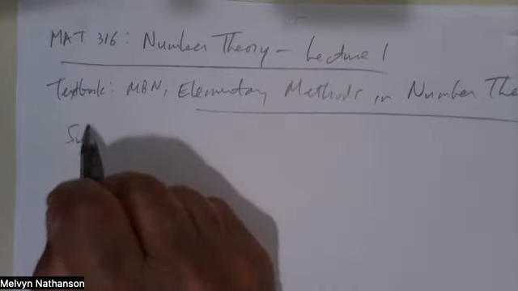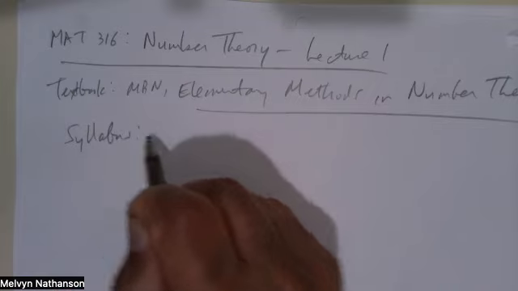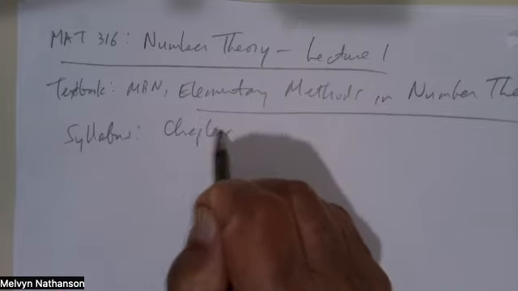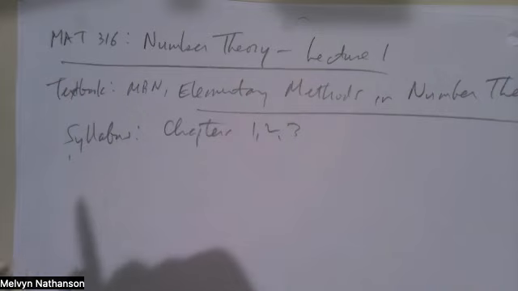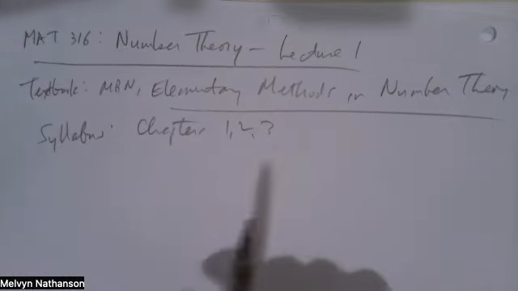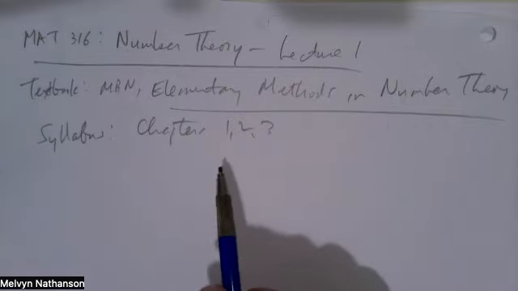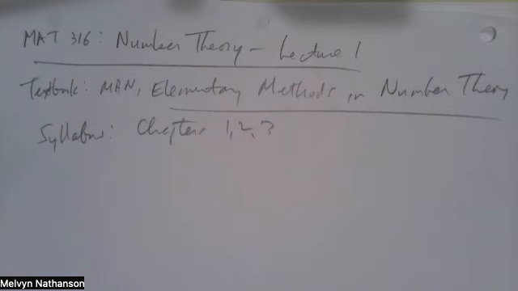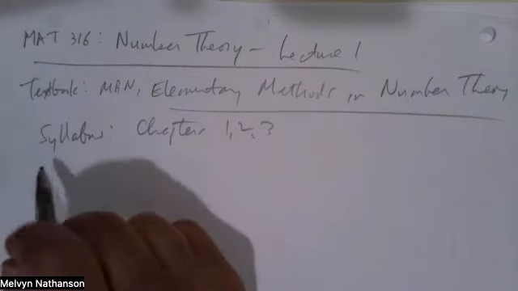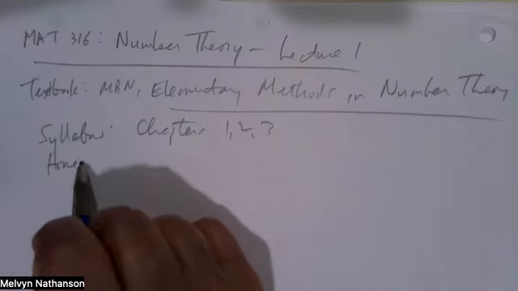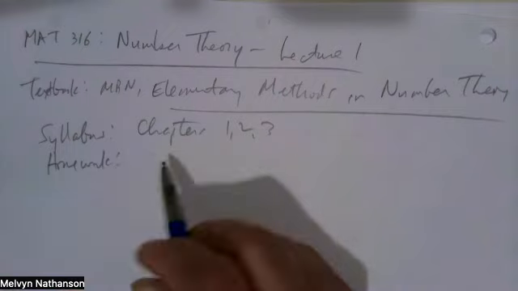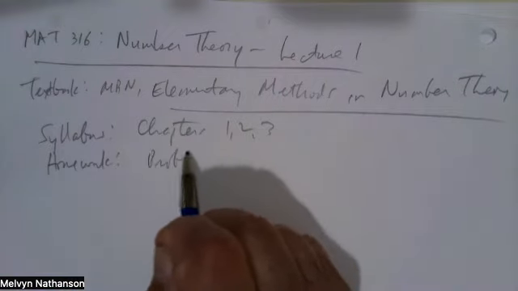And the syllabus is basically chapters 1, 2, and 3. You don't have to buy the book. I am uploading these 3 chapters to Blackboard. Chapters 1 and 2 are already posted. And that is the text. And the homework are problems in the book.